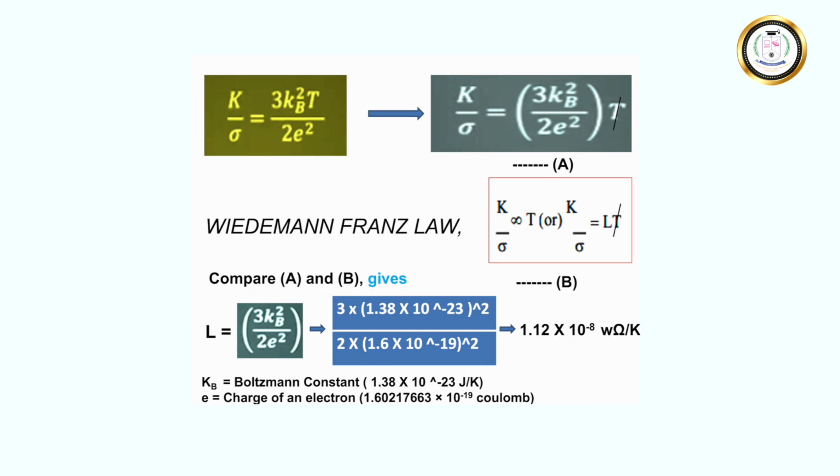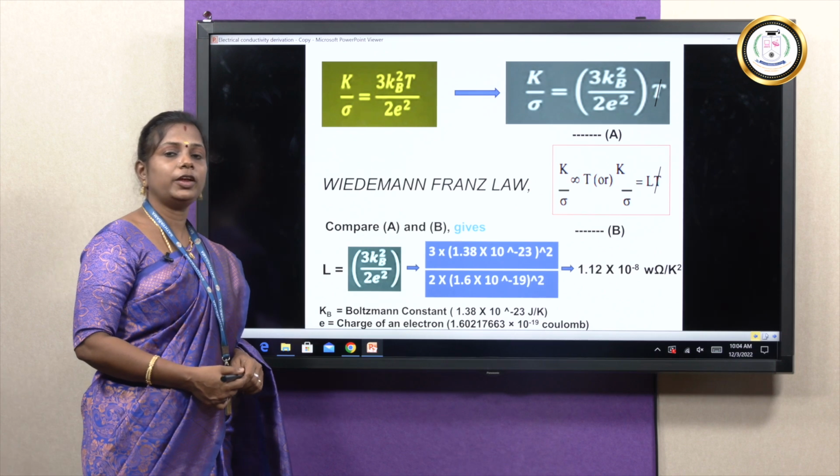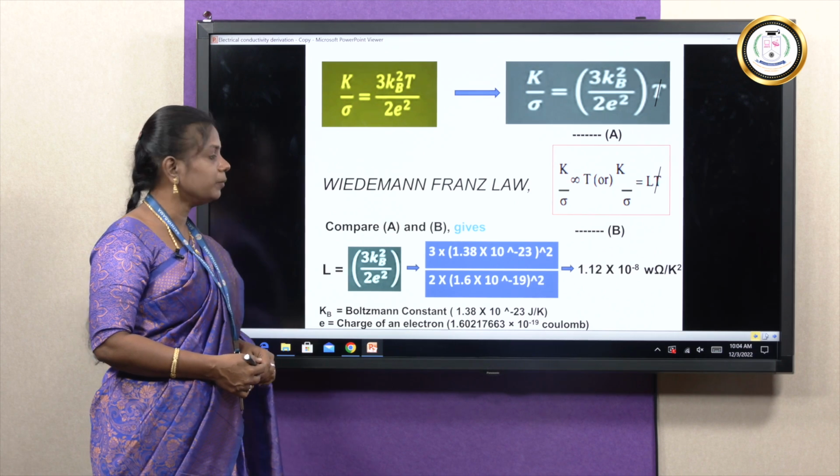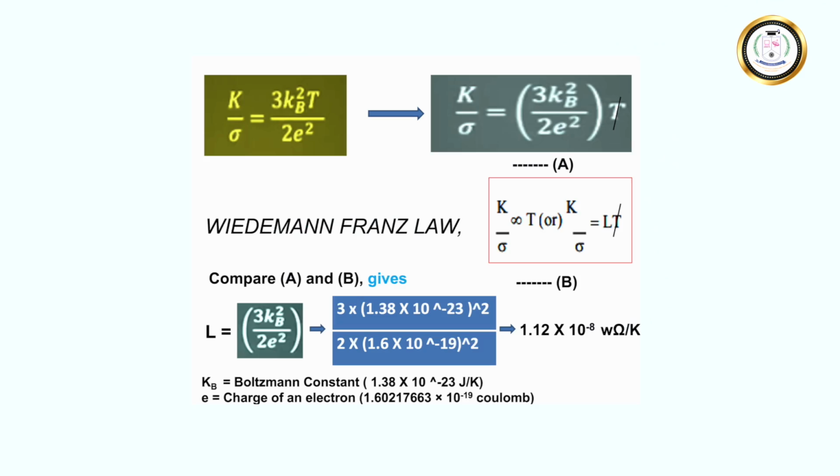The value of the Boltzmann constant is 1.38 into 10 to the power minus 23 joule per Kelvin. Then the charge of an electron is 1.6 into 10 to the power minus 19 coulomb.